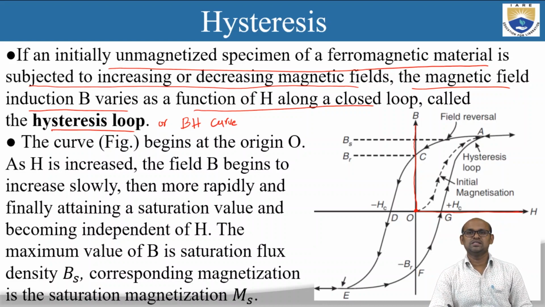The curve begins at the origin O. As you can see here, at O we have a specimen of ferromagnetic material which has 0 magnetic induction, and now as H is increased, the field B begins to increase slowly.